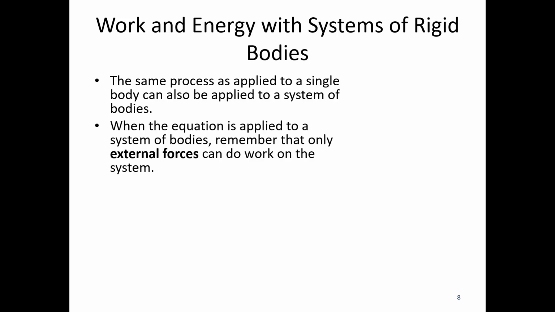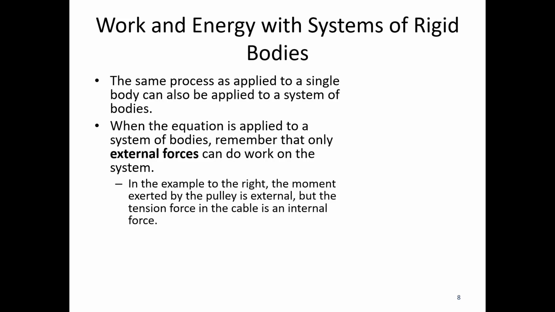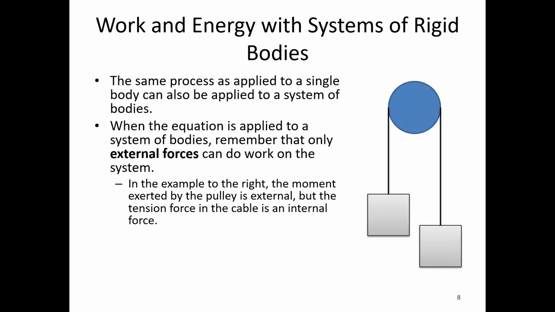When the equation is applied to a system of bodies, though, remember that only external forces can do work on the system. If it's an internal force, it doesn't do any work, because those terms are going to cancel each other out. In the example to the right, we've got two boxes connected by a cable hanging over a pulley.